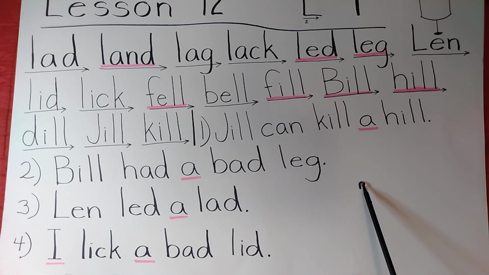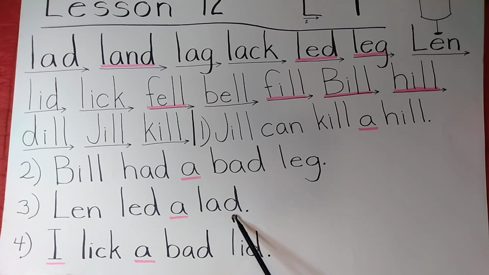Well, this is possible, so personally I'd put true, but the student may not know anybody by the name of Bill, and so they would say, well, I don't know anybody named Bill, so false. Okay, you can give them credit. Number 3, Len led a lad. Now, lad, and I forgot to kind of go over some of these, which may be helpful for students.